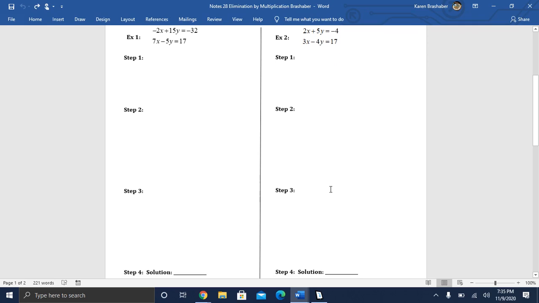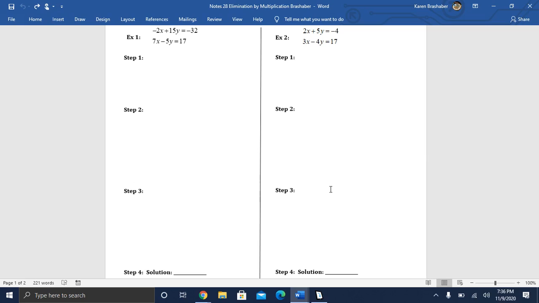So example number 1, I have negative 2x plus 15y equals negative 32, and then 7x minus 5y equals 17. As I look at these two equations, I cannot eliminate either the x or the y as they are right now.